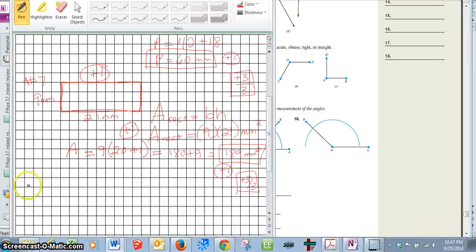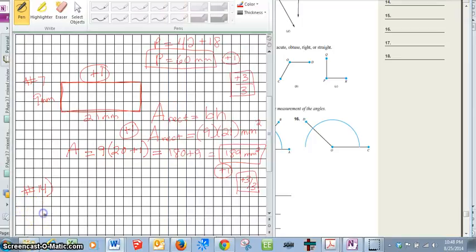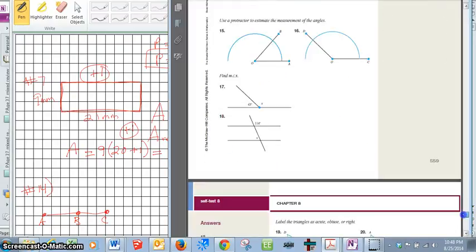For number 14, let's get started with the diagram. You'll be expected to copy segment AC with point B with its labels before you begin as part of the formatting.